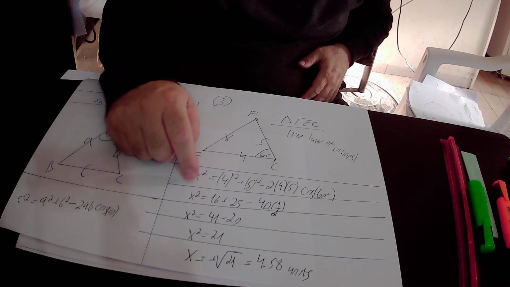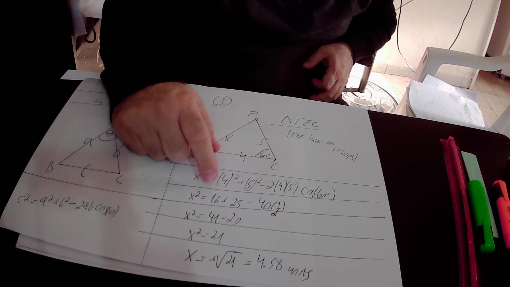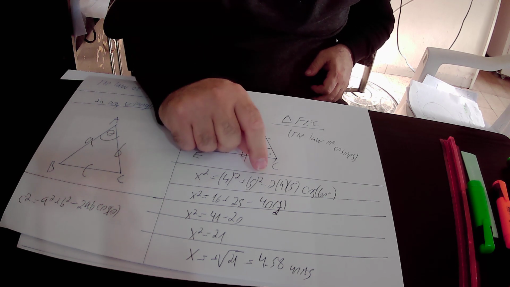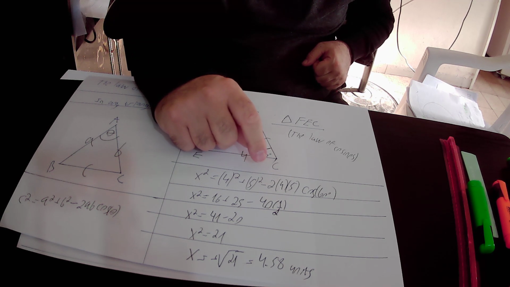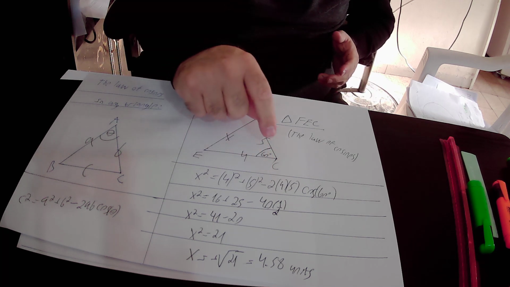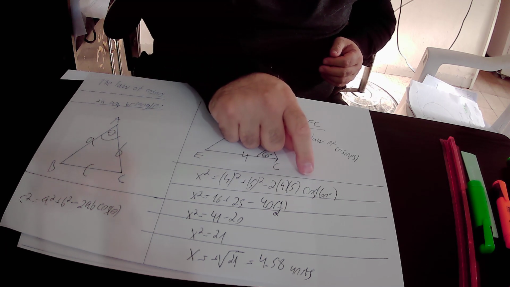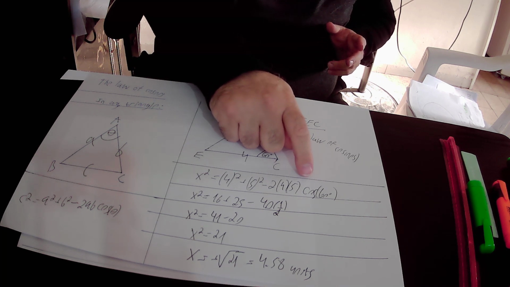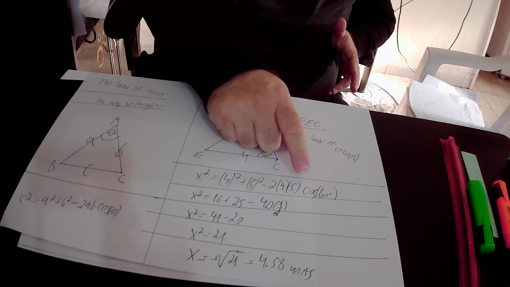So here we have X squared equal to 4 squared, that is 16, plus 5 squared, that is 25, minus 2 times 4 is minus 8, and minus 8 times 5 is minus 40, times cosine 60 degrees. Cosine 60 degrees is 1 half, so we substituted cosine 60 degrees by 1 half.